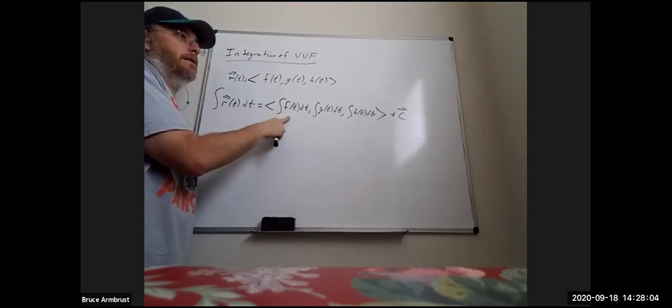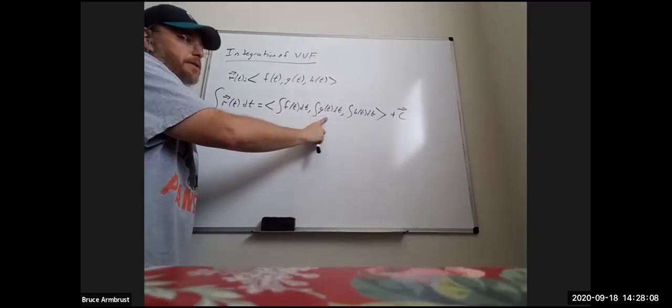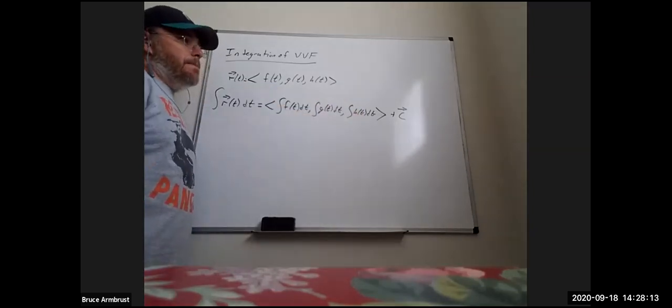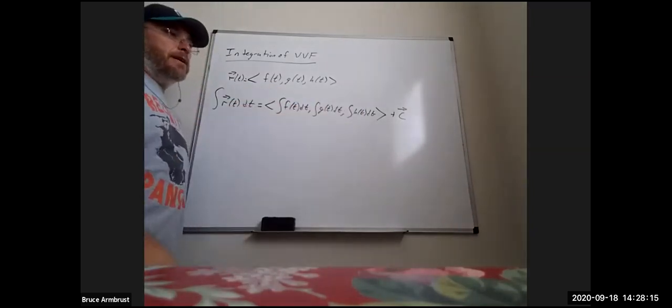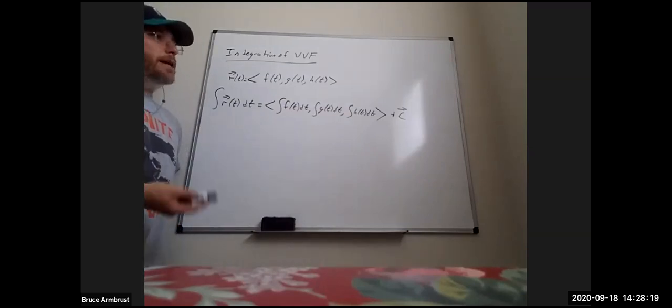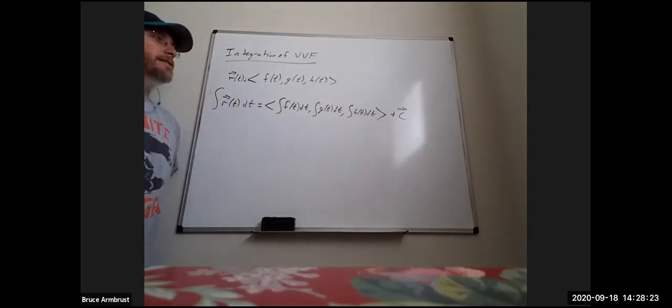That's going to give us plus c, call it c1. The next one's going to give us a plus c2. The third one's going to give us a plus c3. So the vector would be c1, c2, c3. We're going to combine them all and integrate like normal, just making sure that we add on a constant vector, not just a constant scalar.